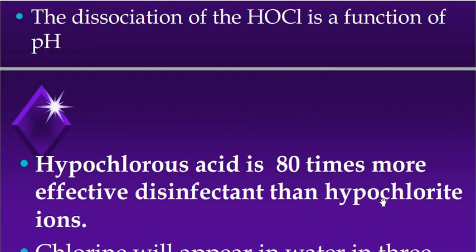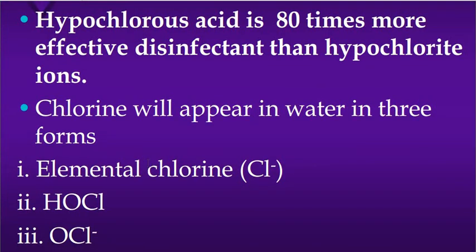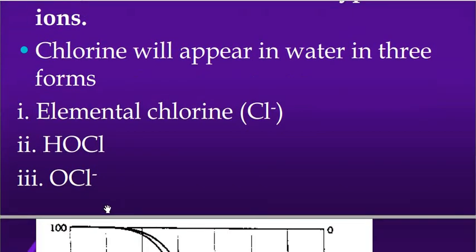Okay, chlorine will appear in water in three forms: elemental chlorine, that is free chlorine; HOCl, hypochlorous acid; and OCl negative, the hypochlorite ion.